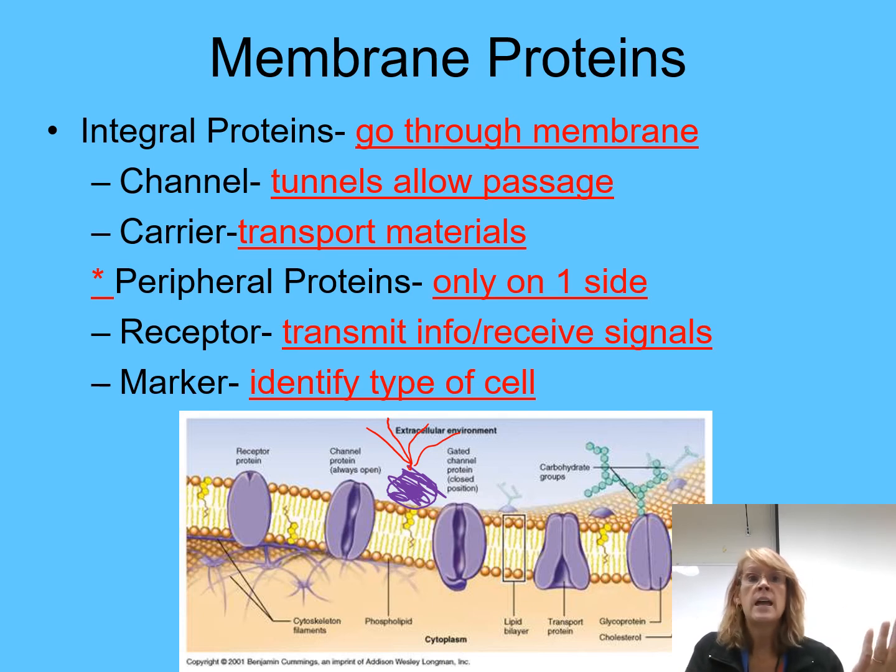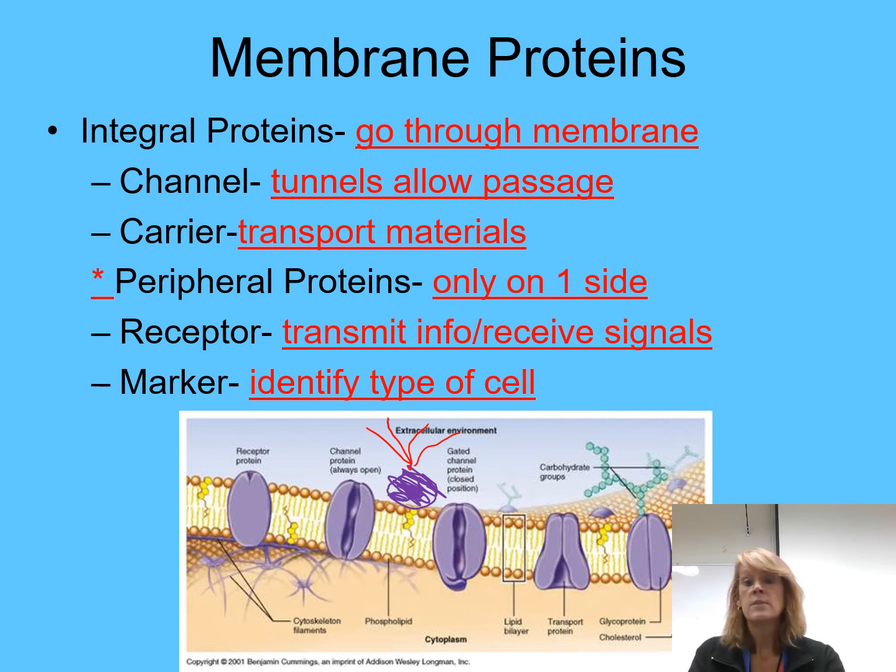Stomach cells will have one kind of marker on them, and brain cells will have another kind of marker. Proteins that have sugars attached to them are called glycoproteins. Glyco because it's a sugar, protein because it's attached to it. We also have receptor proteins. Receptor proteins are like telephone poles.